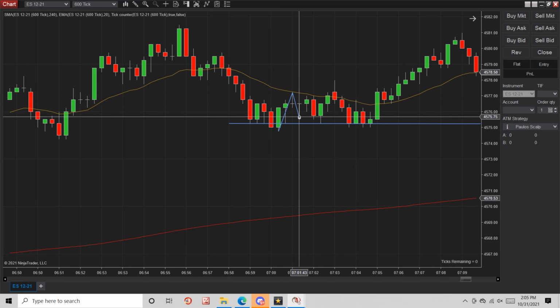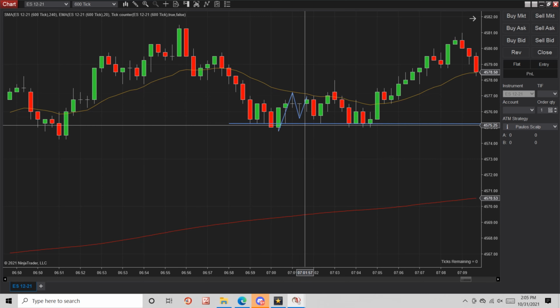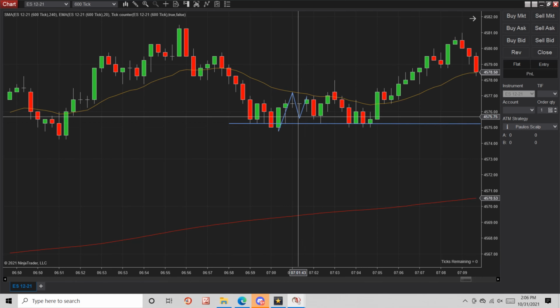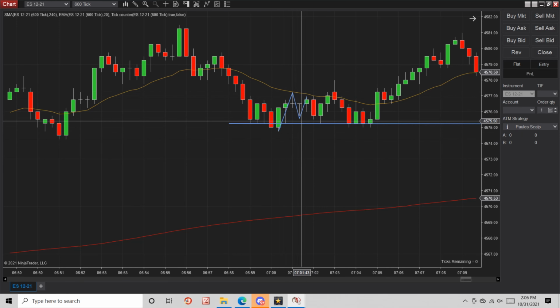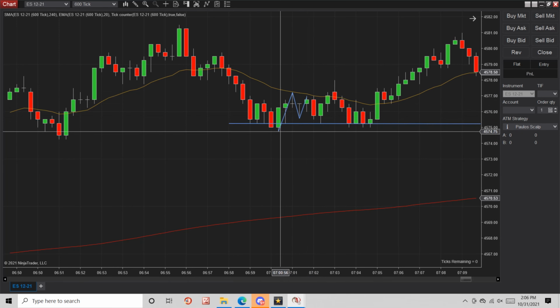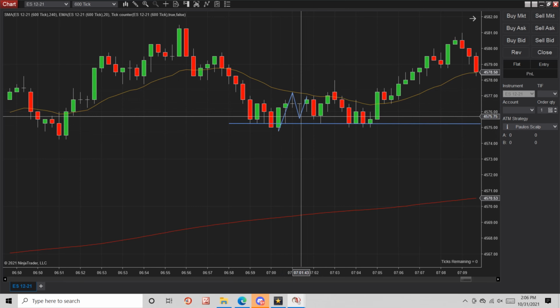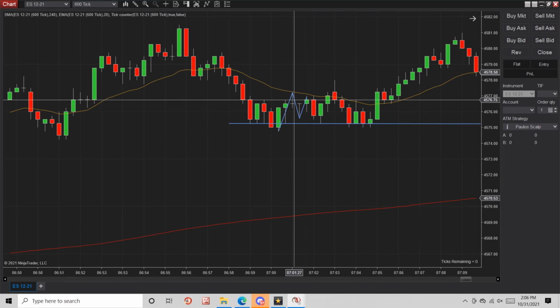And now this is our third leg, or our second pullback. So remember, this is our first pullback, this is our second pullback, this is our first leg, but this is our third leg. The second leg just means it is the end of the first pullback. So right here is our third leg, or our second pullback.